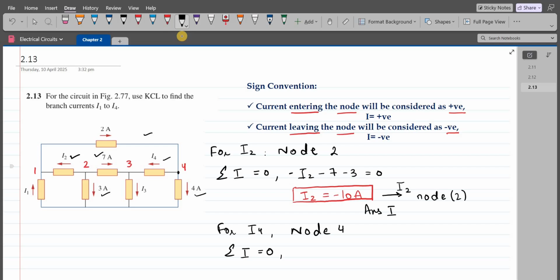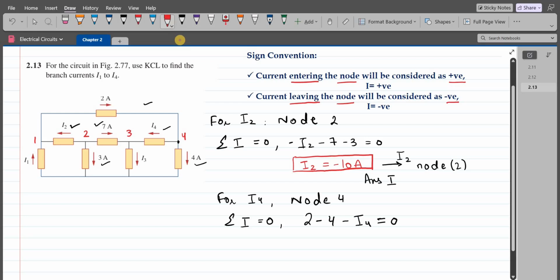I4 and 4 amperes are leaving the node. So 2 ampere will be considered as positive, 4 amperes will be considered as negative, and I4 will also be considered as negative according to the sign convention, equals to 0. So upon simplification, I4 comes out to be negative 2 amperes.